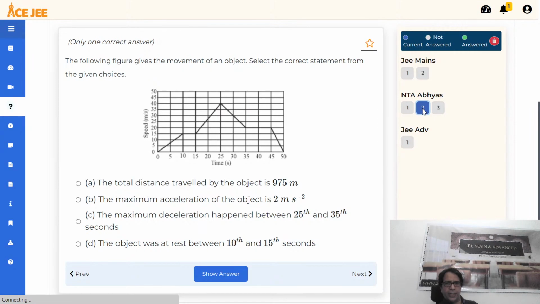The following figure gives the movement of an object. Select the correct statements from the given choices. So beta Bhargav, Kashyap, go ahead with this question, beta. Try this question out. We have been given the movement of an object. We have been given the speed versus time graph, and we've been asked to select the correct statement from the given choices.